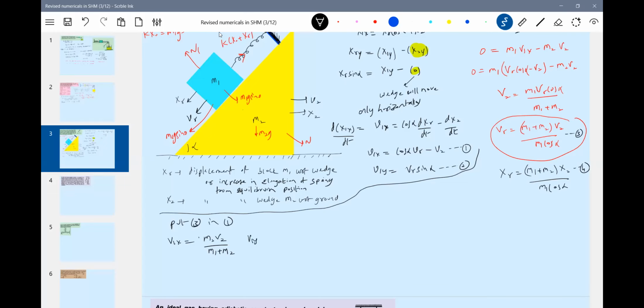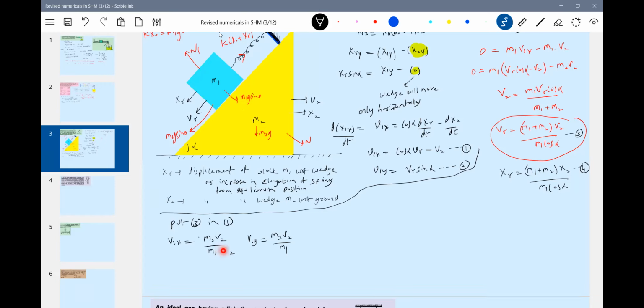Now, similarly, V1Y. M2 V2 by M1. V1Y will be VR sin alpha. So M1 plus. How much you'll get it? M2 V2 by M1 only. This V1X is M2 V2 by M1.